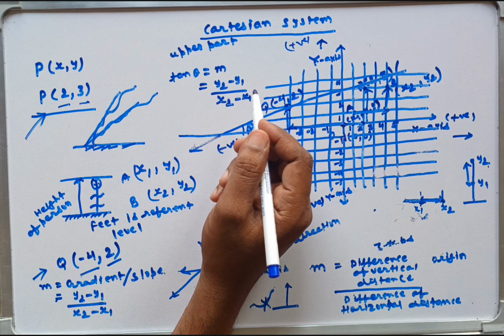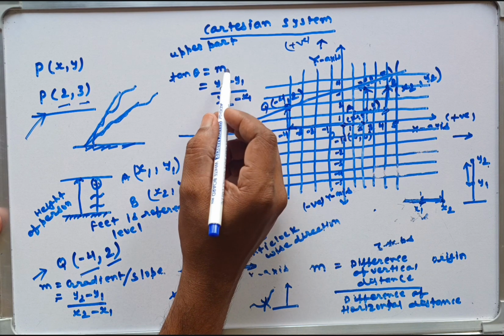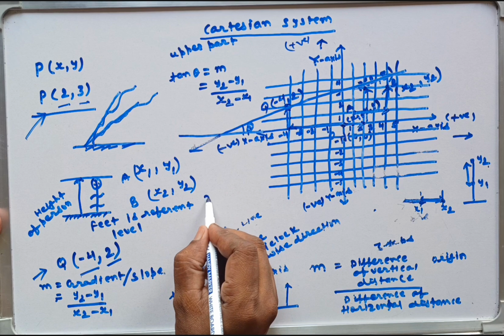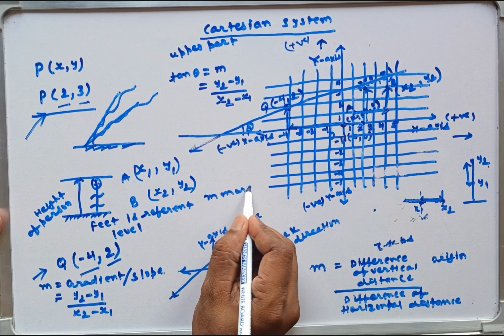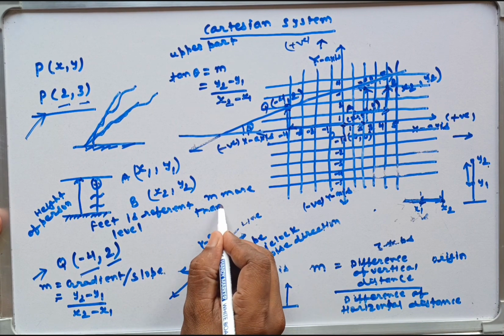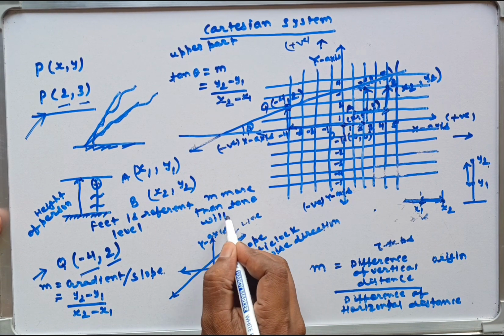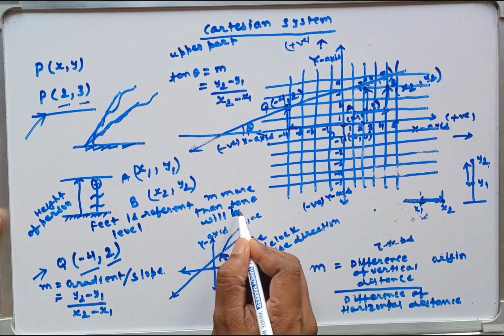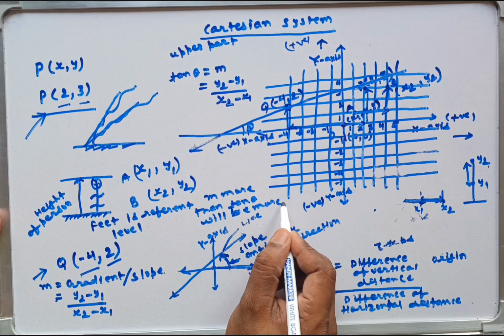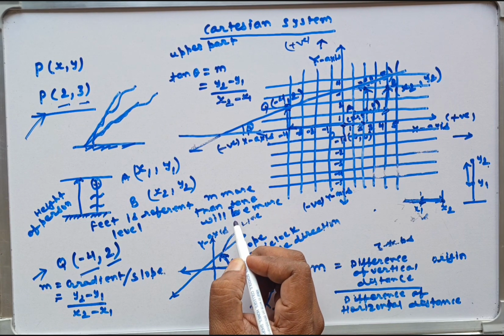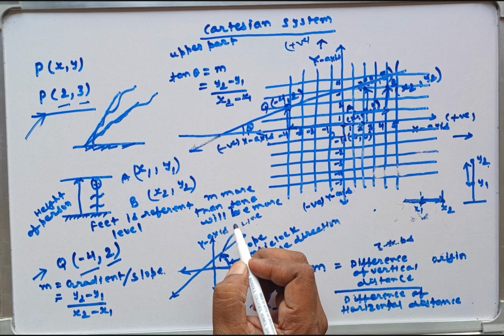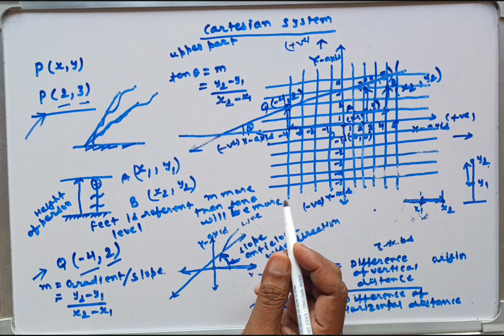So guys, if m is more, then tan theta will be more. What I want to say is steepness is more.